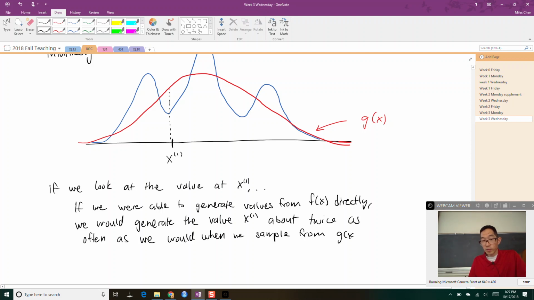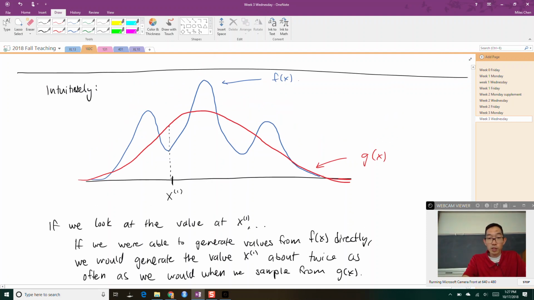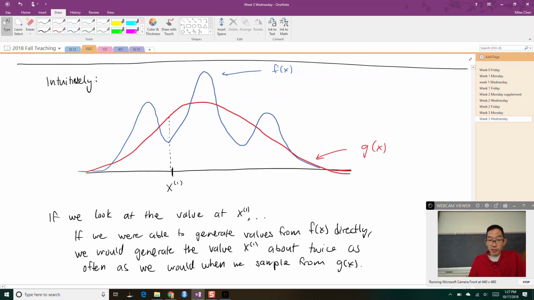Okay, do we see that? Oh, I'm sorry, not twice as often, half as often. That's my bad. Because the line for f of x is half the height of the line of g of x.